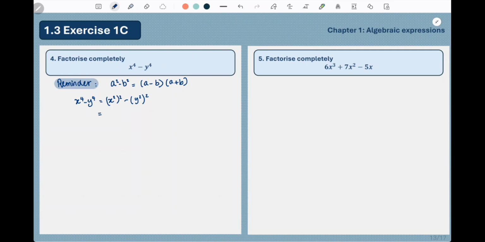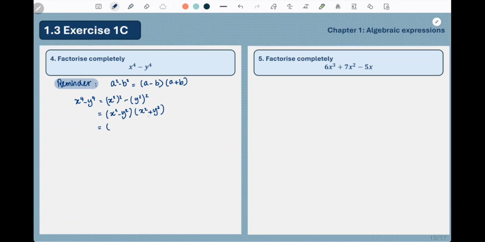I can identify my a as x squared and my b as y squared, and I'll apply the formula that I've just provided you with. We're going to get x squared minus y squared, x squared plus y squared. As I told you previously, we can only use this formula when there's a difference of squares.